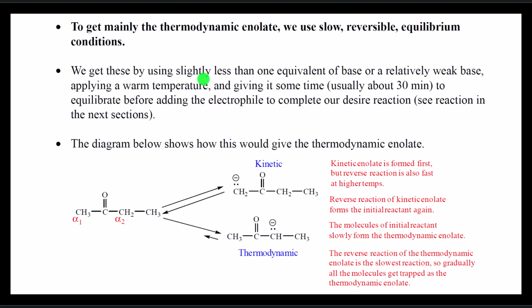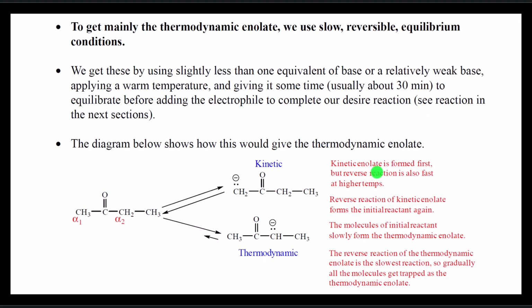We can get these by using slightly less than one equivalent of a base, or by using a relatively weak base, by applying a warm temperature, and by giving it time, usually 30 minutes, to equilibrate before adding the electrophile to complete our desired reaction.